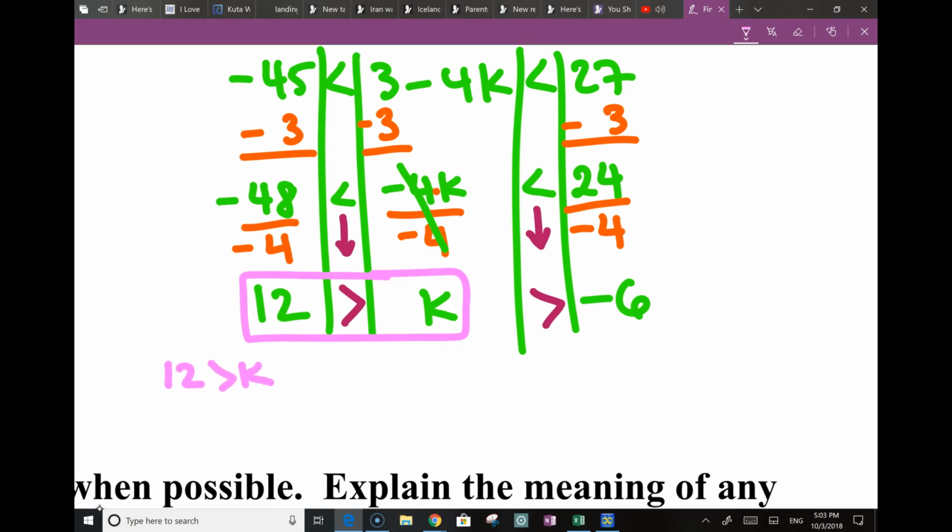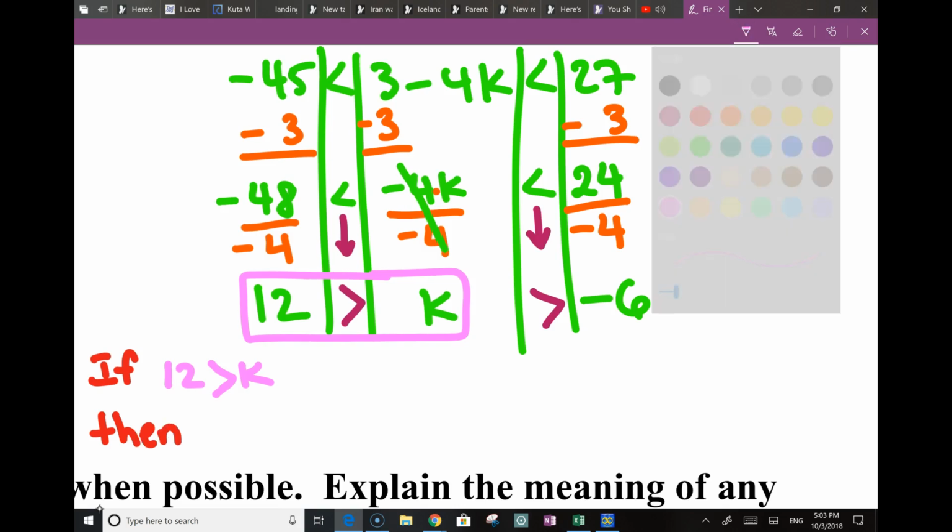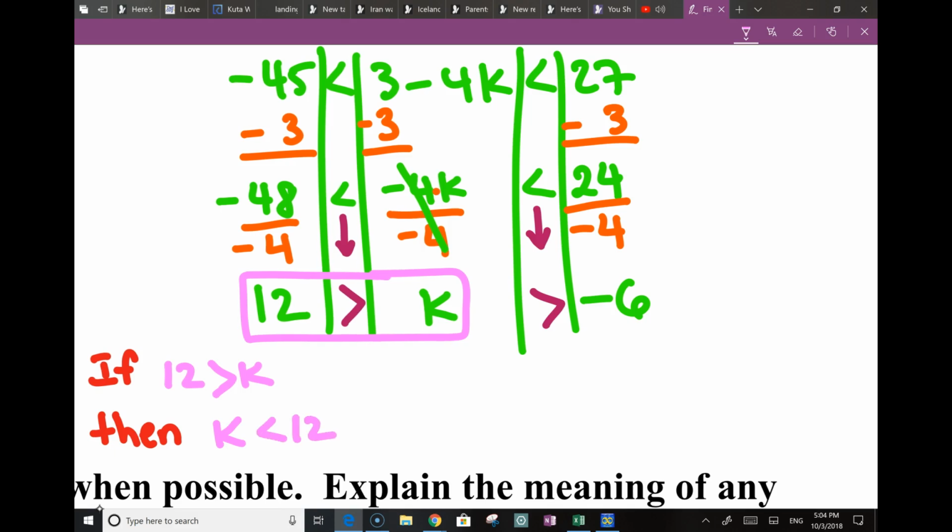Okay, that's what you see over there, 12 greater than k. But I want to think about this as an if-then conditional statement. So if 12 is a number that's greater than k, then, and here's where you rewrite this whole thing, k must be something that is less than 12. I'll say it again. So if 12 is greater than k, then k is less than 12.